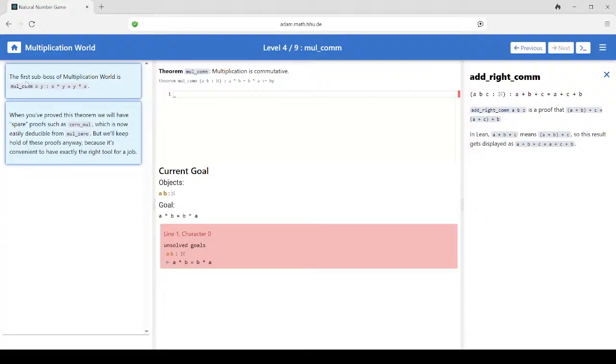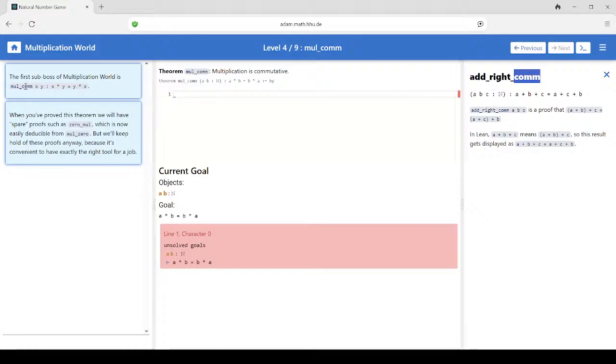All right, the first boss, the first sub-boss of Multiplication World is multiply... Why is the word escaping me? What? Commutative, that's what it is.